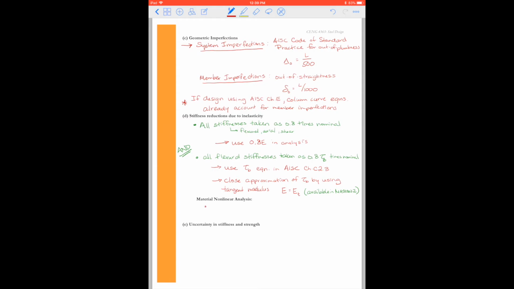What we mean by that is that we have an analysis that uses a model of stress-strain for the steel that accounts for yielding, or at least for partial yielding, of a member.